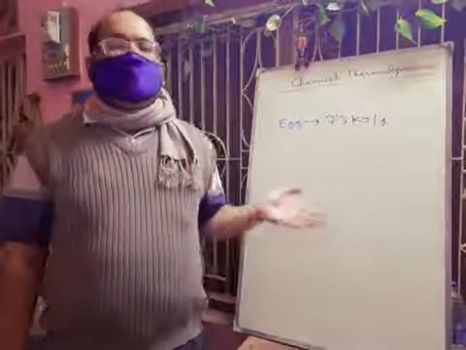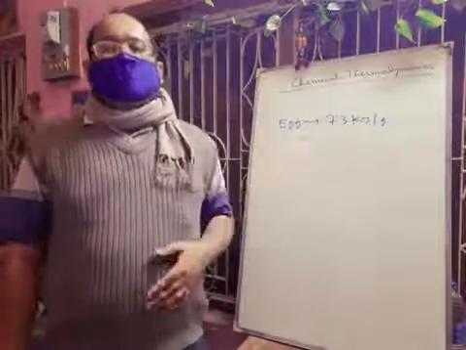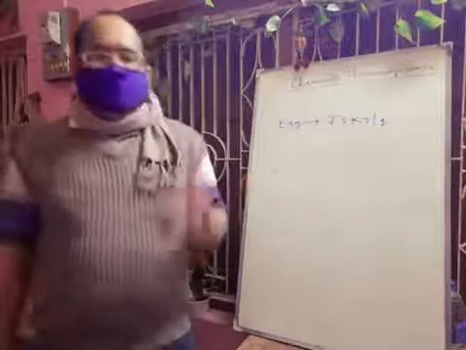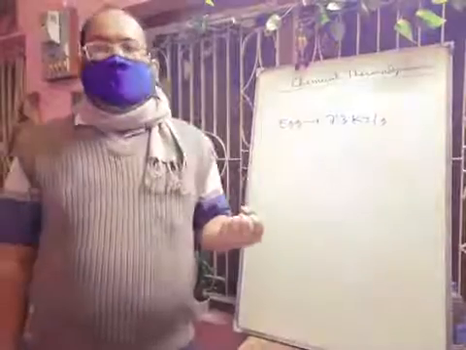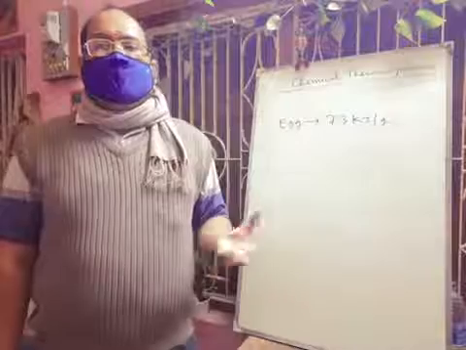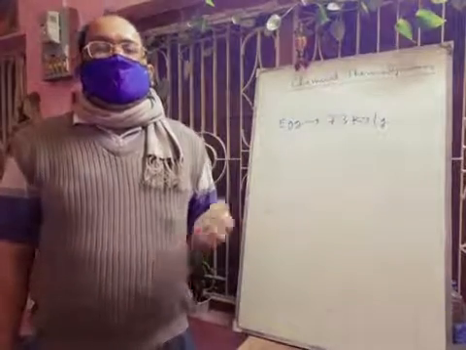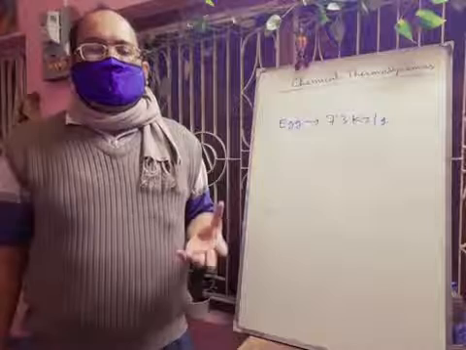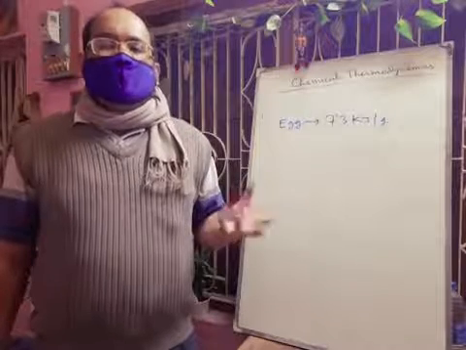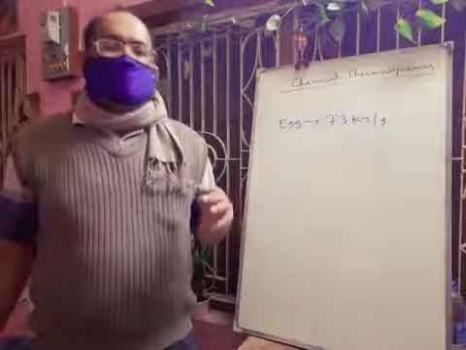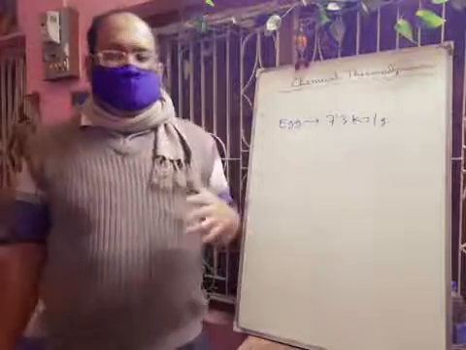In case of ghee, it is 37.6 kilojoule per gram. If we think about a fuel like our LPG gas containing butane, that is around 55 kilojoule per gram. But in case of hydrogen it is the highest, 150 kilojoule per gram. So among the fuels, hydrogen has the highest calorific value.